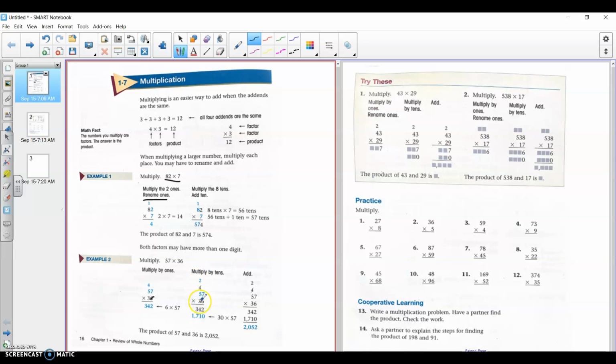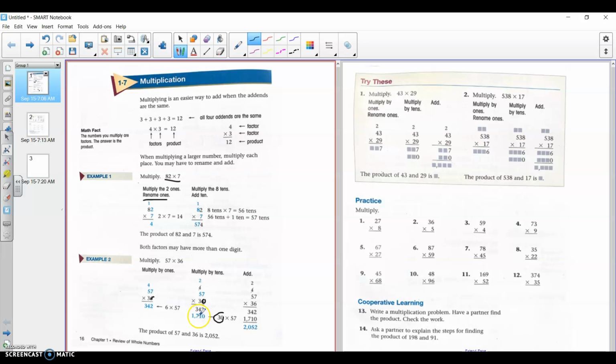5 times 3 is 15. Add your 2, and it's going to give you 17. So 57 times 3, and notice they have it as 30. Well, yes, they have it as 30 because they put the 0 down here when you cross off this 6. So that is really what's happening there. You're multiplying 57 times 30.